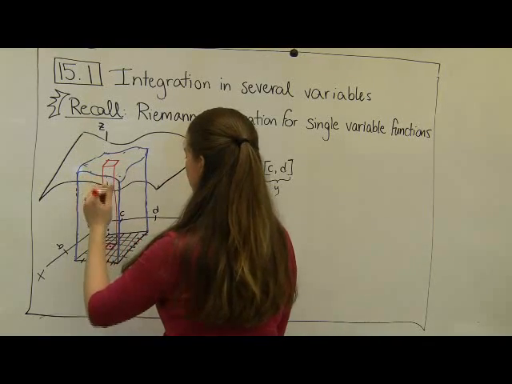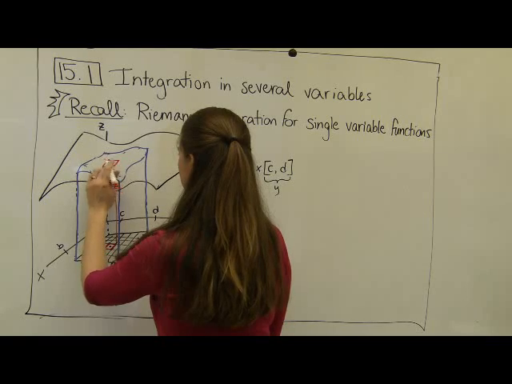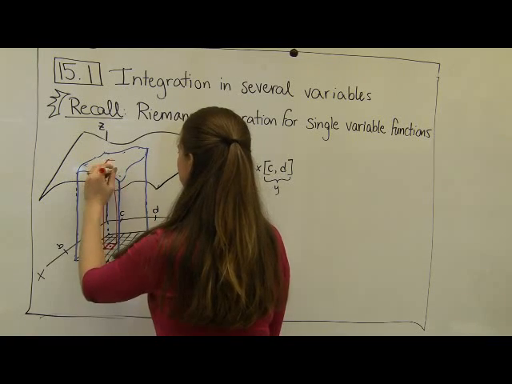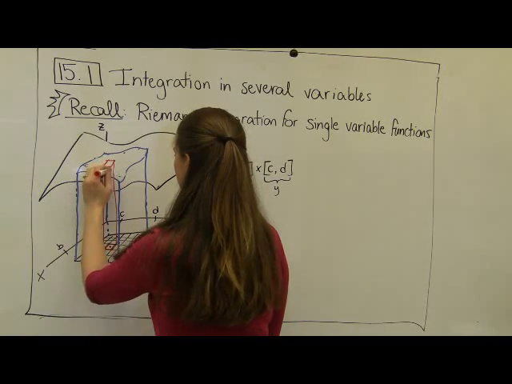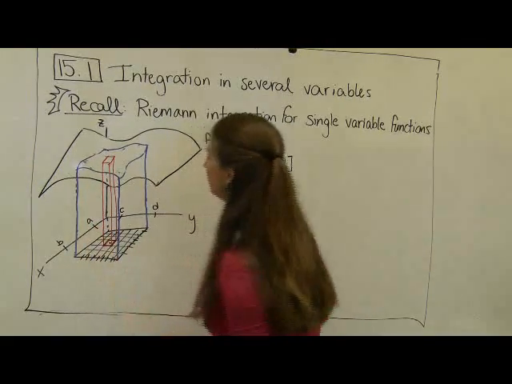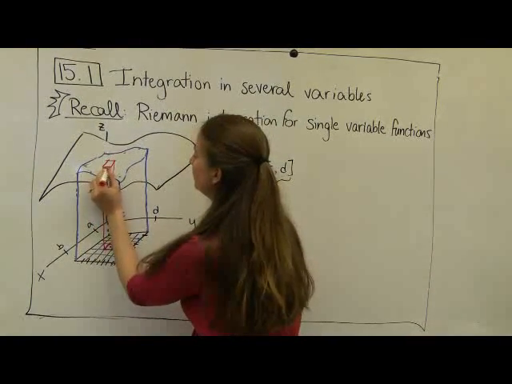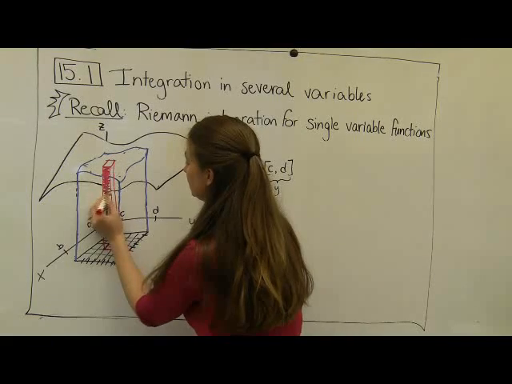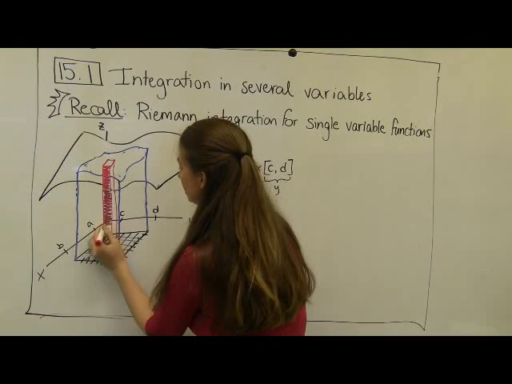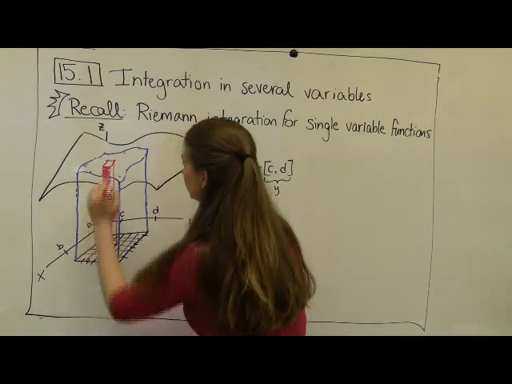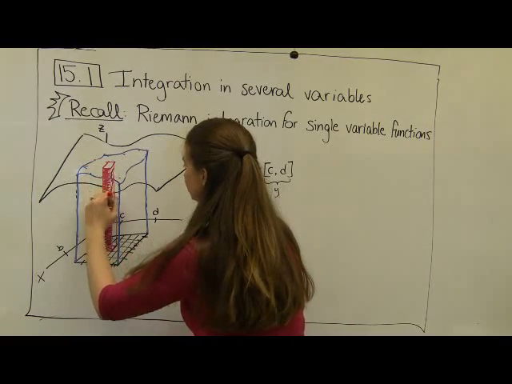and I find the volume. Whoops, this didn't connect to the right place. The volume of this rectangular region is going to be the volume that we sum over. So what is the volume of this region?